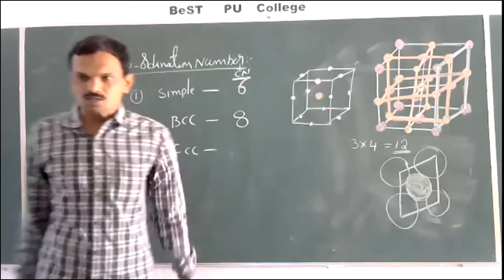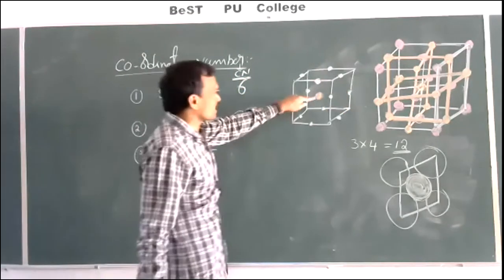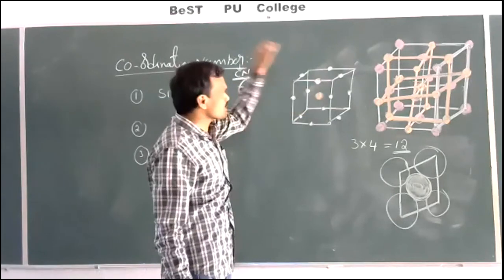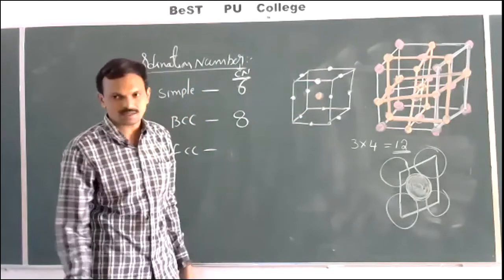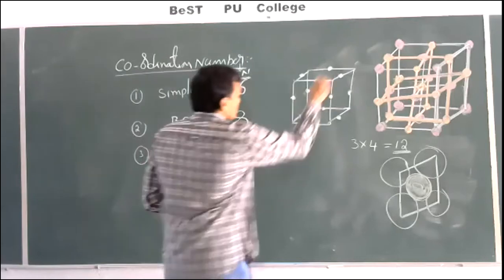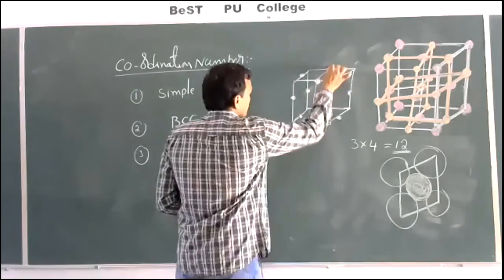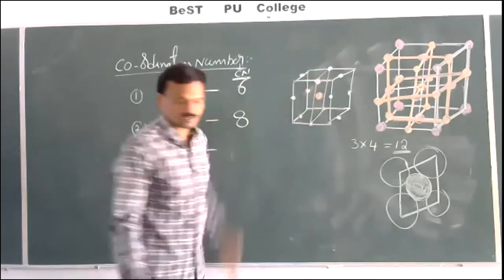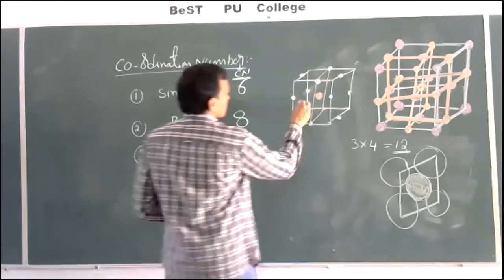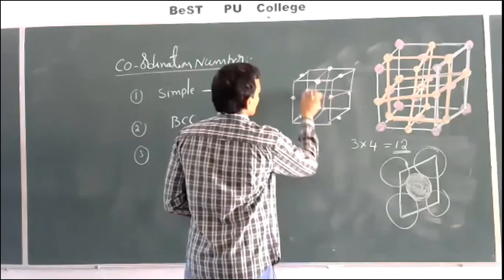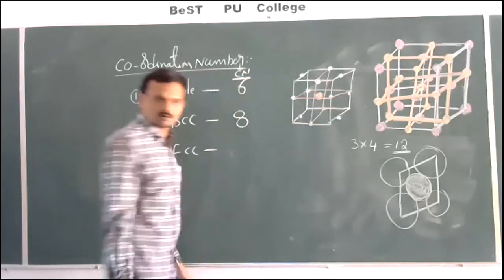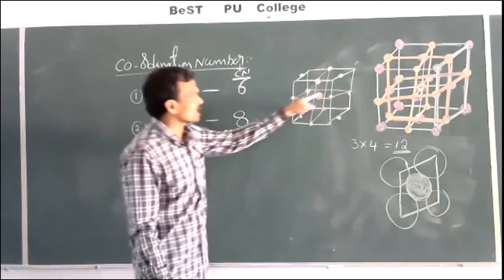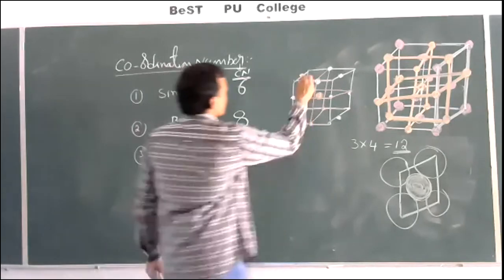So all these 12 particles are in contact with this particle. That means in each plane it is in contact with 4 particles. So what are those planes? This is one plane. In this plane it is in contact with 4 particles. This is another plane. In this plane it is in contact with 4 particles. One more plane.